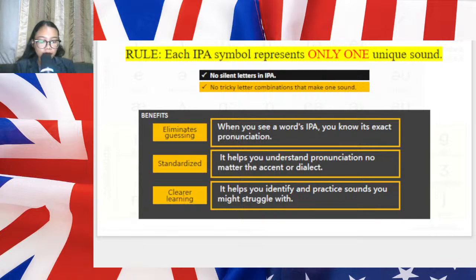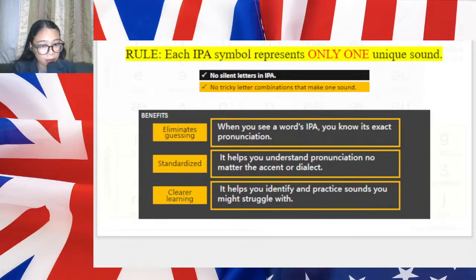We can also see it in language learning apps, like Duolingo or other educational language apps, and it is used by teachers worldwide, of course. Learning it gives you access to reliable pronunciation information in many places. So the IPA clearly is not just a complicated chart.